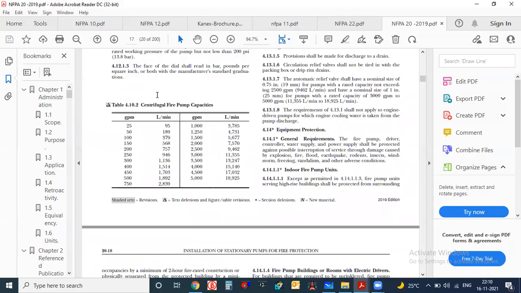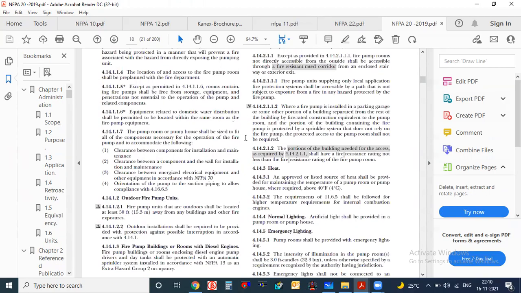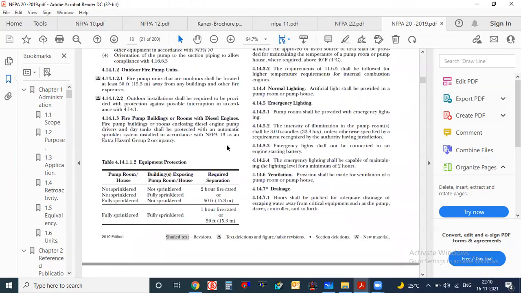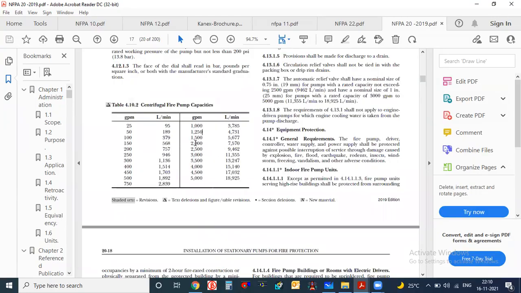Here they have given the centrifugal fire pump capacities. So this table is also a little bit important. Up to 5000 GPM we can use, or no, we can use up to 1250 GPM as per NFPA 13 and NFPA 14. But here they have given the ranges up to 5000 GPM. So why are we using only 1250 GPM?